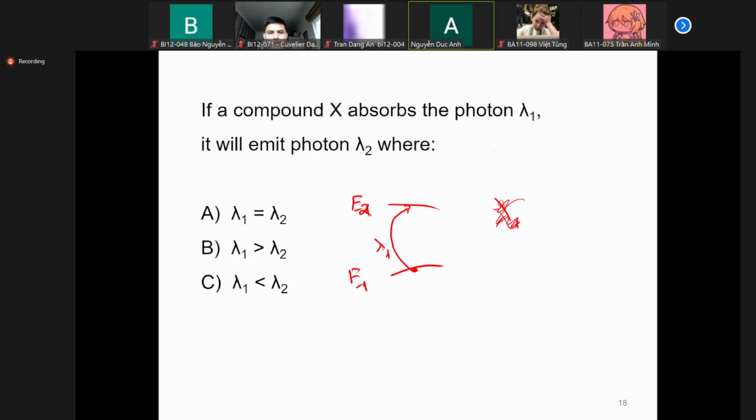When it emits lambda 2, you see lambda 2 is different from lambda 1, right? So the highest energy of lambda 2 is the process of moving from the allowed state E2 to the allowed state E1, in the emission process.